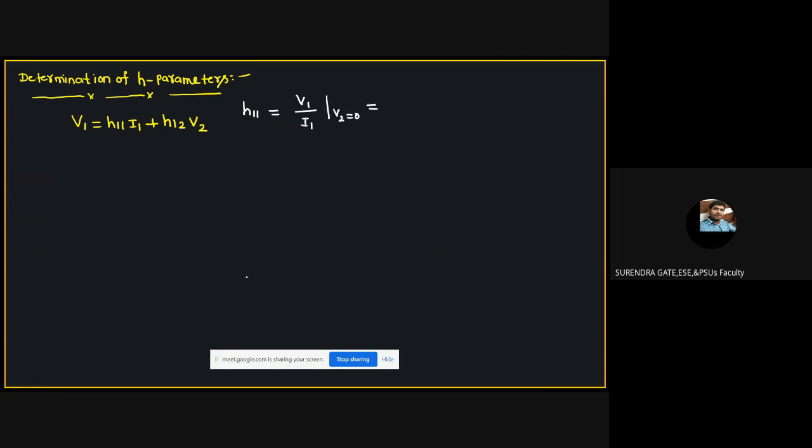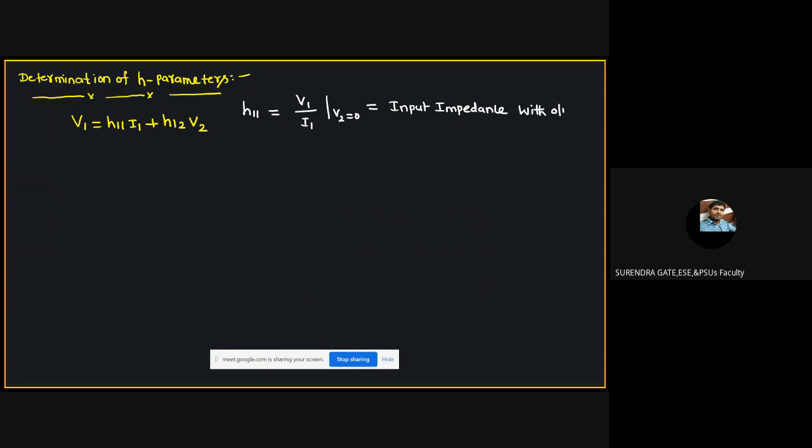Then what is the name of H11, students? This is the input impedance, a driving point impedance, input driving point impedance, with the output port short circuited.